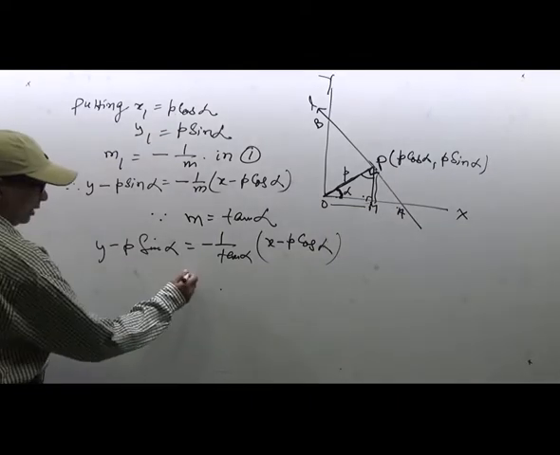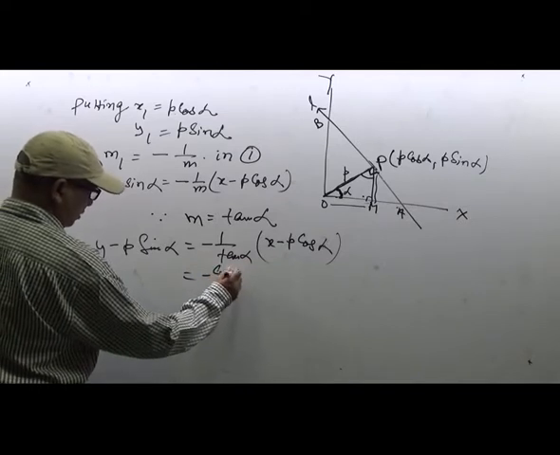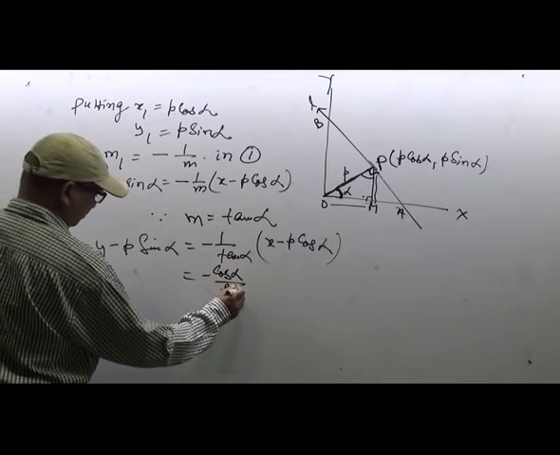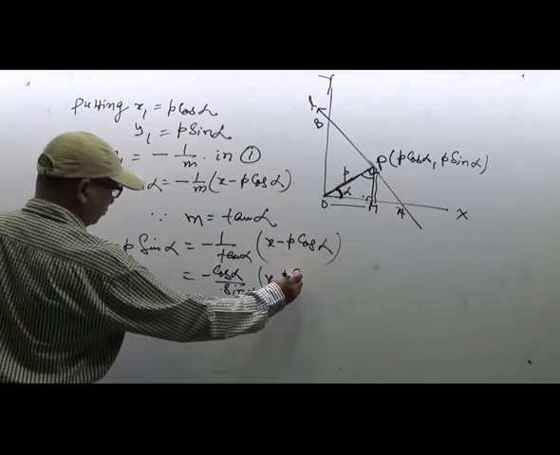This can be written as minus cos alpha बटा sin alpha into x minus P cos alpha.